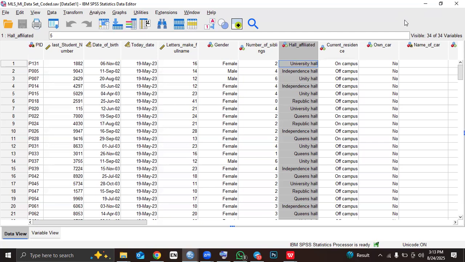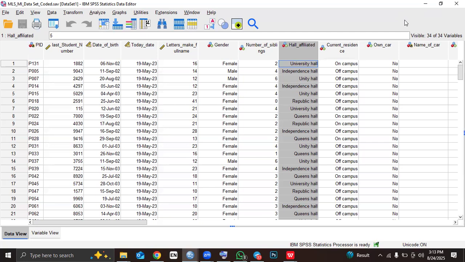So in this example, we are going to start off by talking about the chi-square goodness of fit test, and how we can run it in SPSS.